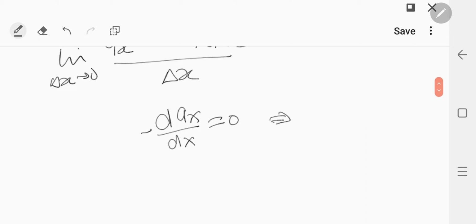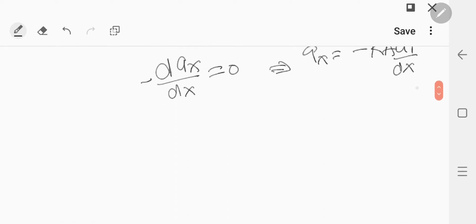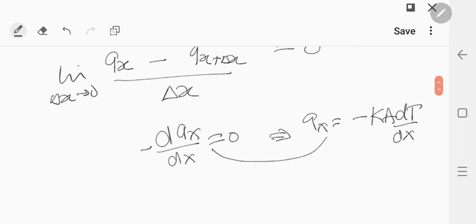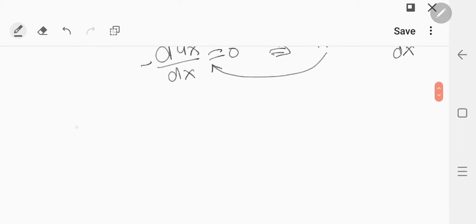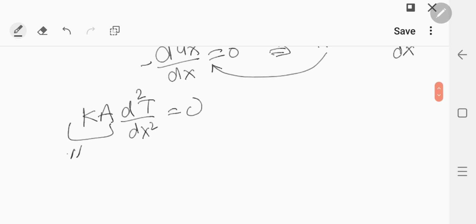Now according to Fourier law of heat conduction, qx is minus kA dT by dx. If you substitute this term over here, we have kA d squared T by dx squared equal to 0, assuming that these two terms are constant.